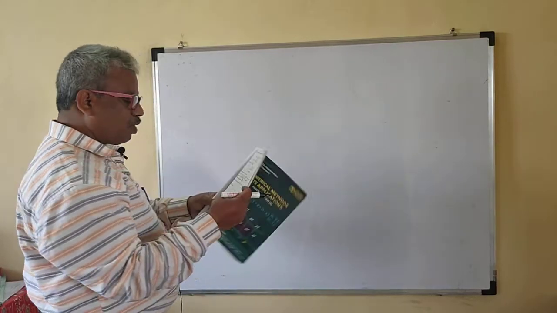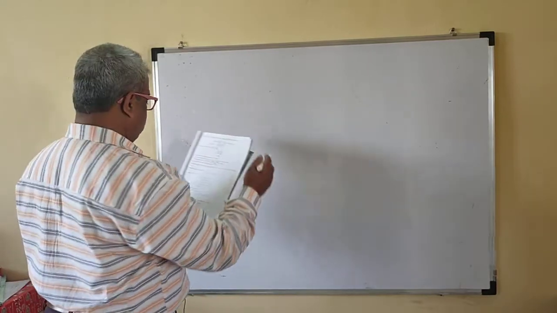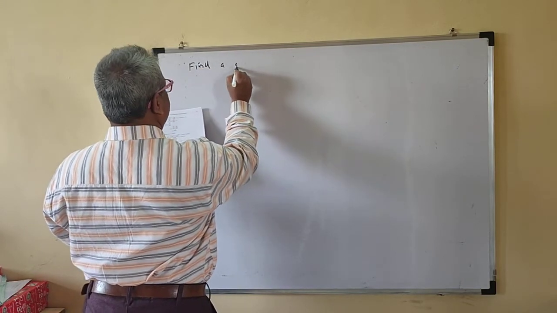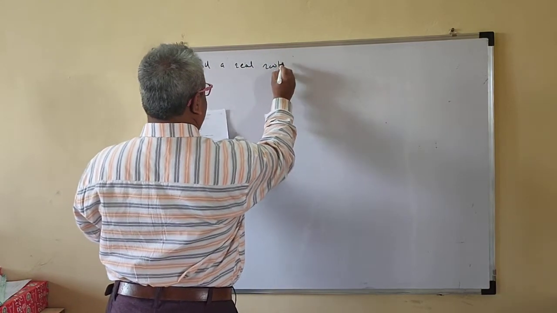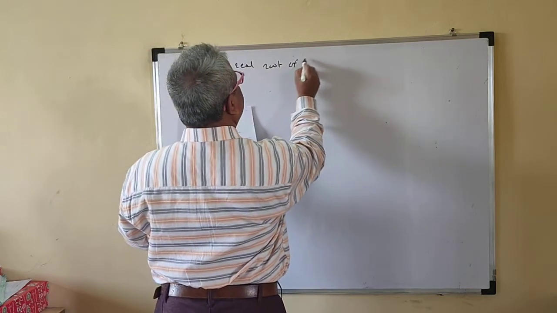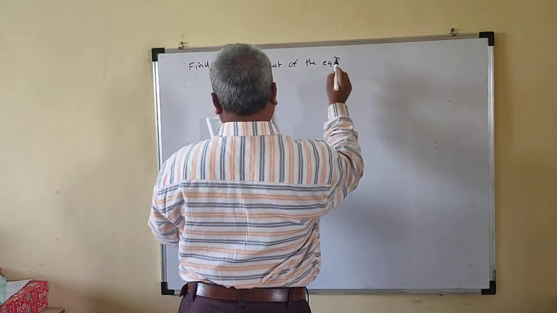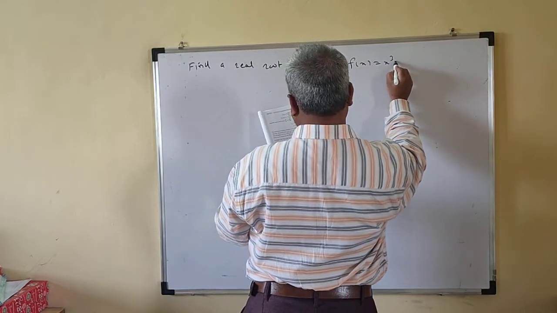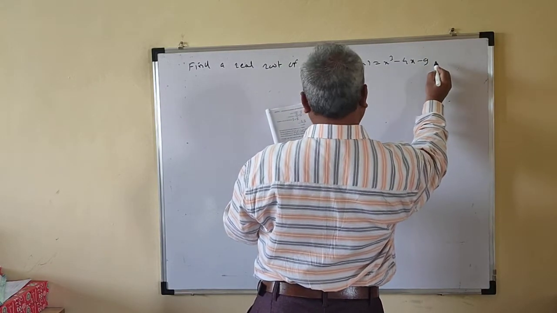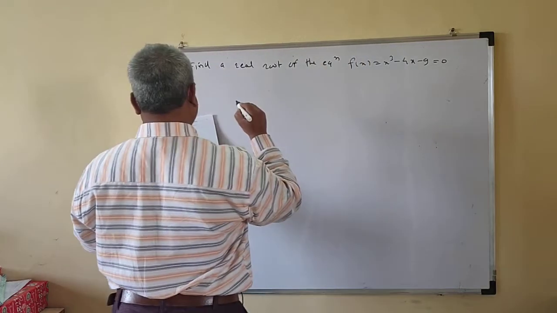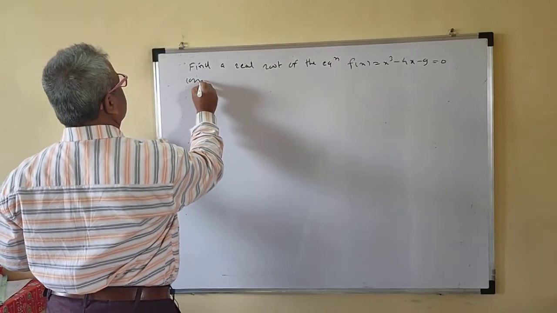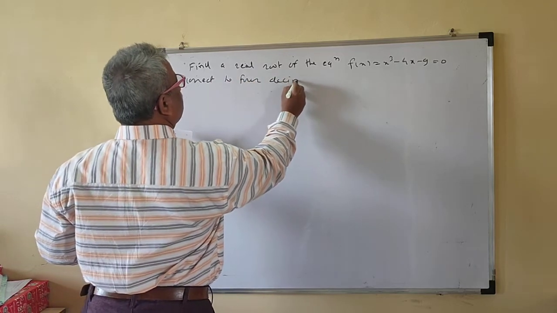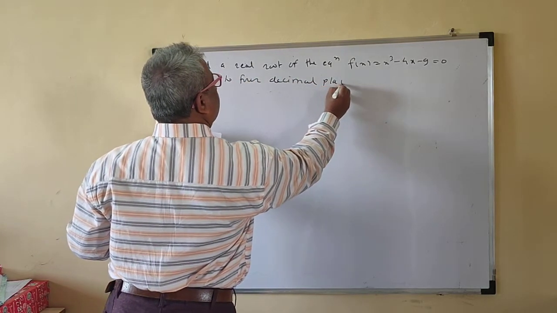Okay, so we'll do one more problem. Find a real root of the equation f of x is equal to x cube minus 4x minus 9 is equal to 0, correct to 4 decimal places.